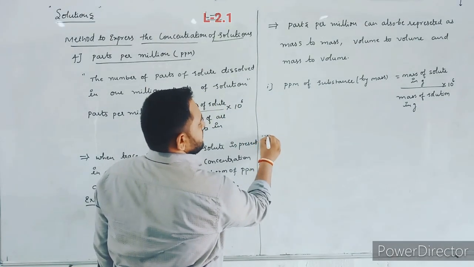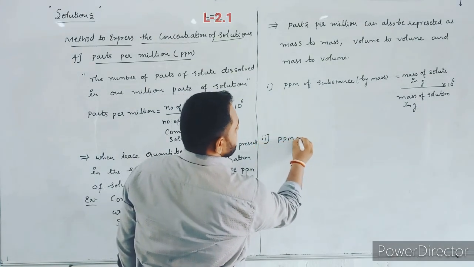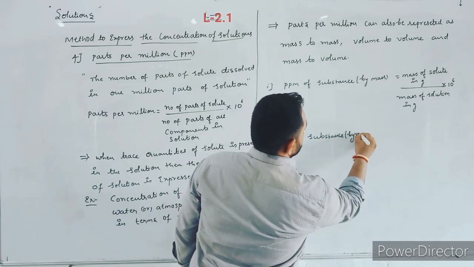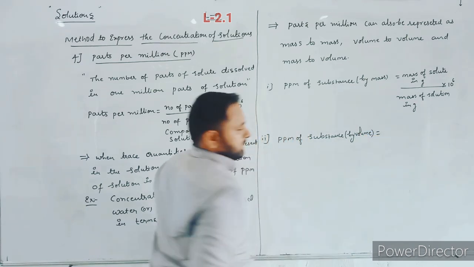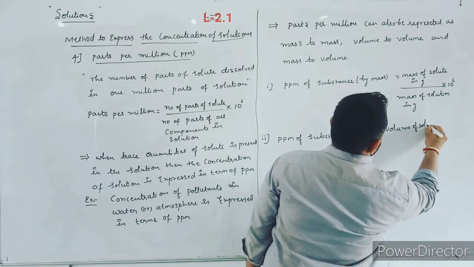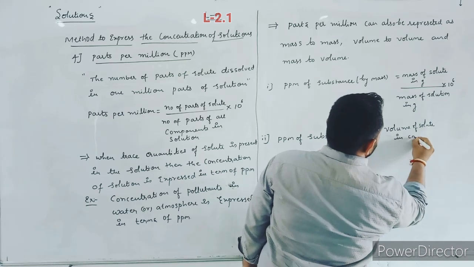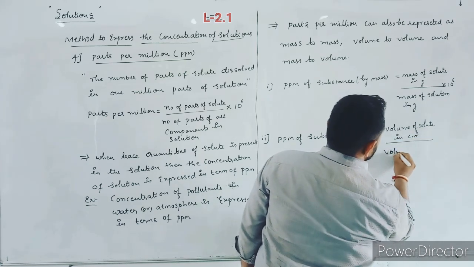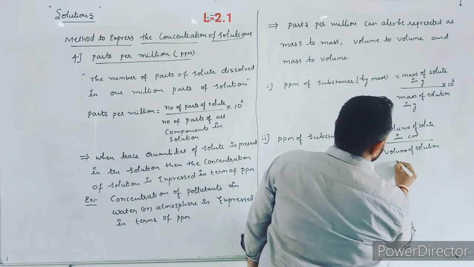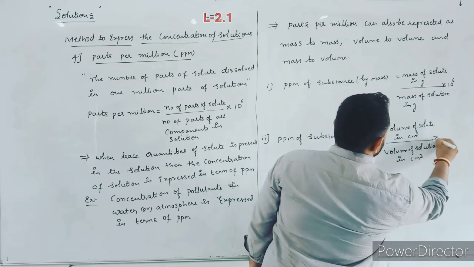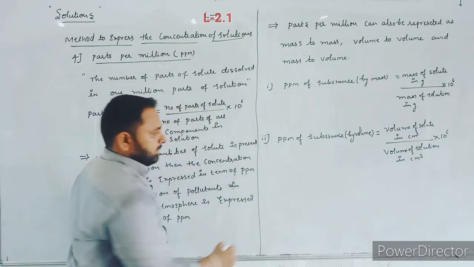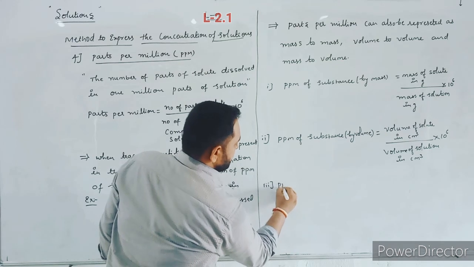Next, let us write formula for ppm of substance by volume. Here, volume of solute in cubic centimeter divided by volume of solution in cubic centimeter into 10 power 6. Next, ppm of substance by mass by volume.